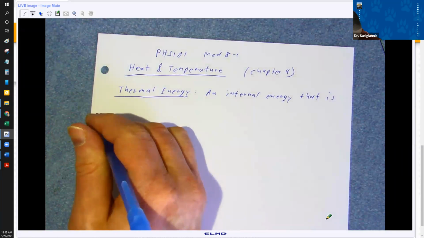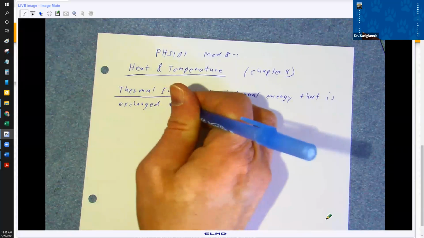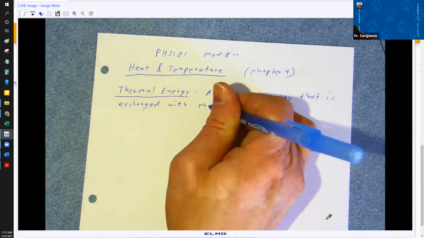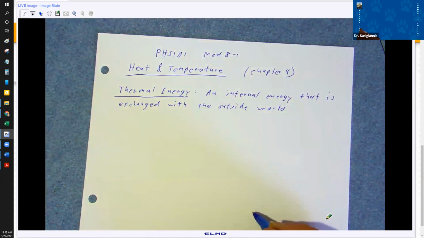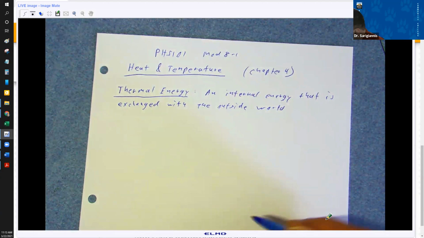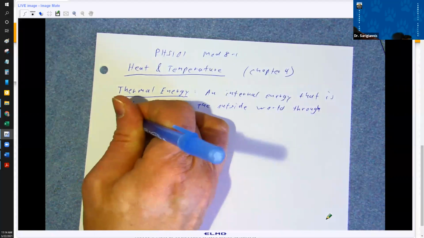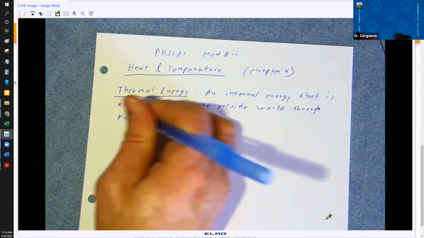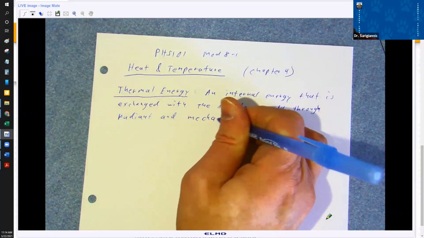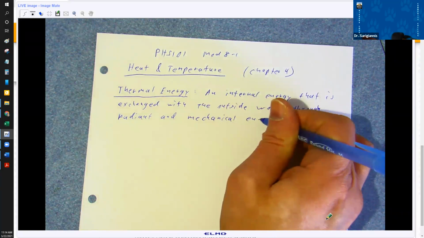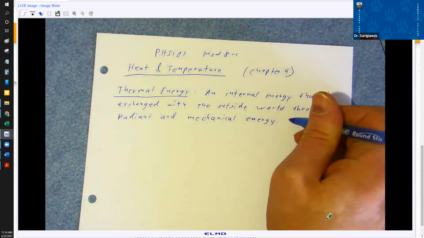So thermal energy is an internal energy that is exchanged with the outside world, exchanged through radiant and mechanical energy. One more comment here, I guess.